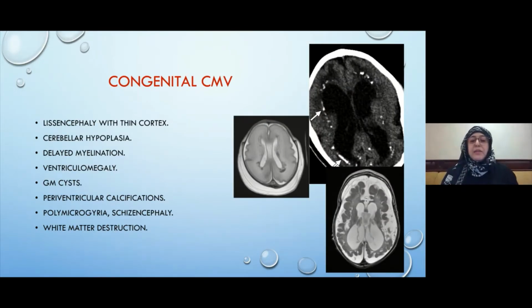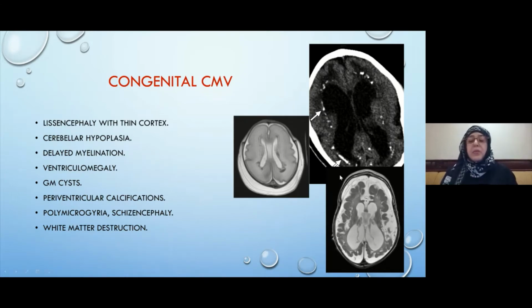As I was saying, if the infection was early in the pregnancy, we are more likely to see things like microlissencephaly, of course with intracranial calcification and some ventriculomegaly. But if it happened in later pregnancy, we are likely to see things like pachygyria, polymicrogyria and schizencephaly.